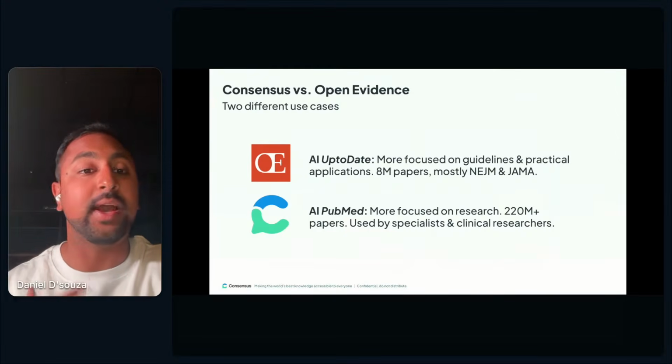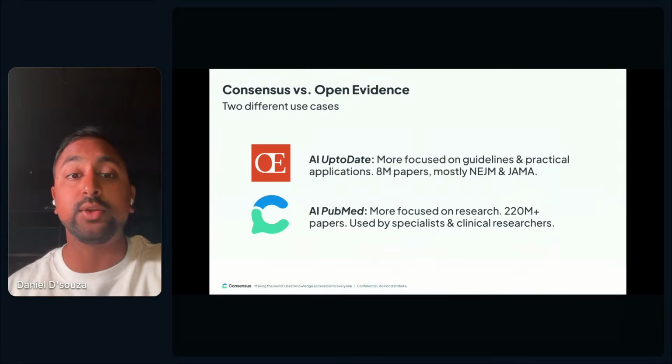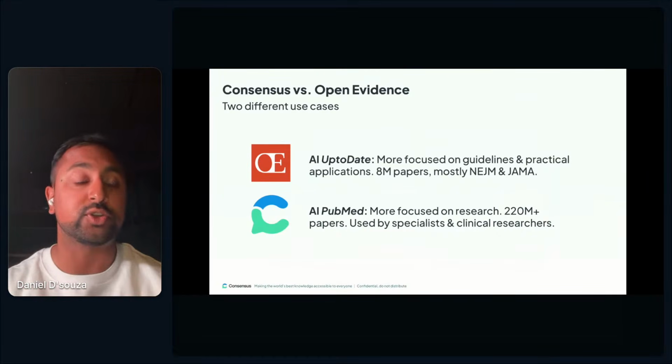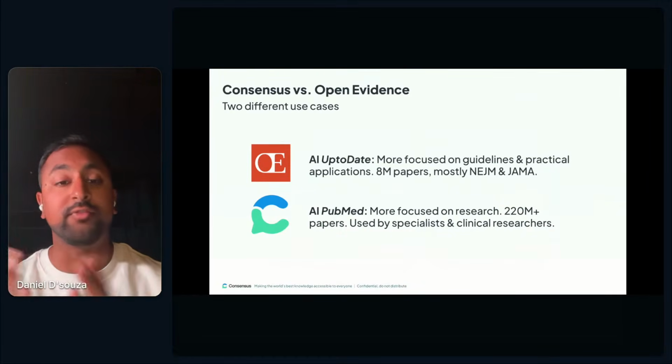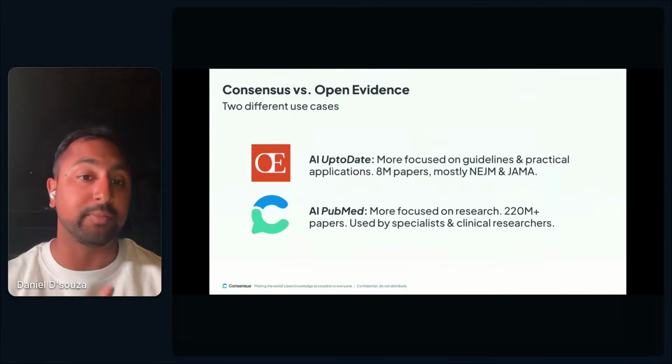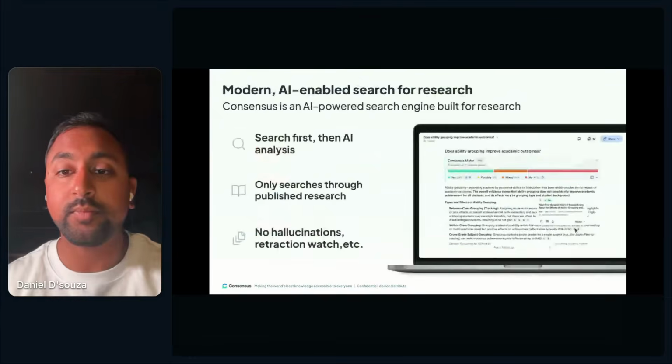Consensus, you can think of like an AI PubMed. It's a bit more focused on research, has over 220 million papers, and is most typically used by specialists and clinical researchers, especially clinicians who are heavily involved in research. We'll show you some of the more powerful features. It is a research-focused AI platform to help you find better papers faster.